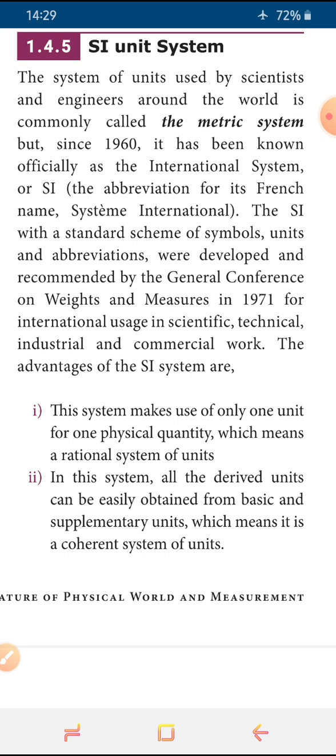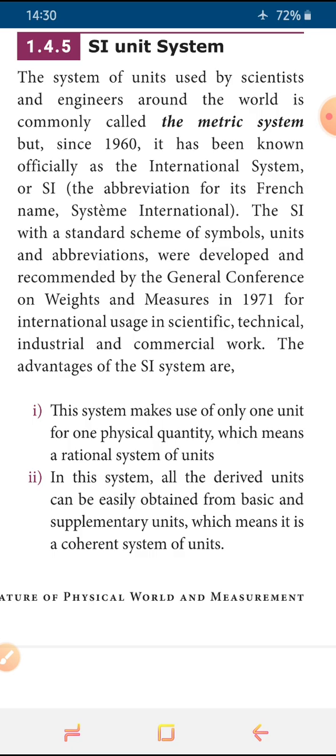And this system has 2 advantages. The first is that it is a rational system of units, and the second is that it is a coherent system of units. So what is a rational system of units? If we have any quantity, that single quantity should have a single unit. That is the rational system.